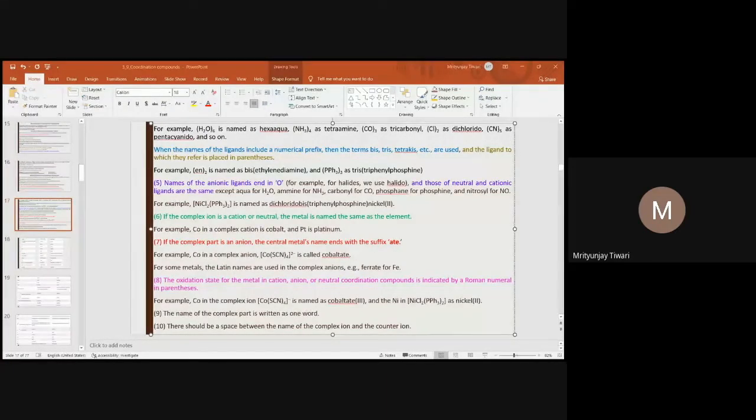NO2, nitrogen is the donor, so it can also be called a nitro complex. And if oxygen is the donor, then we can also call it nitrito-O or nitrito complex.